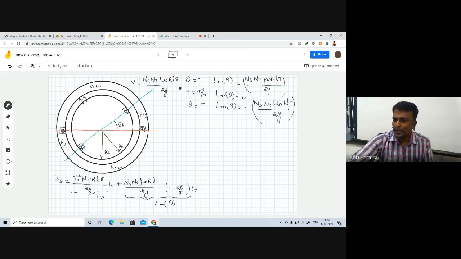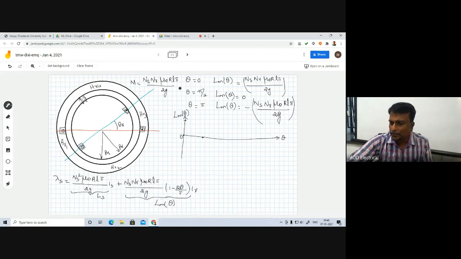Now if you draw this curve, this is theta, and this is Lm of theta. What happens here? Whenever theta equals 0, Lm will be maximum. Whenever theta equals pi by 2, Lm equals 0.